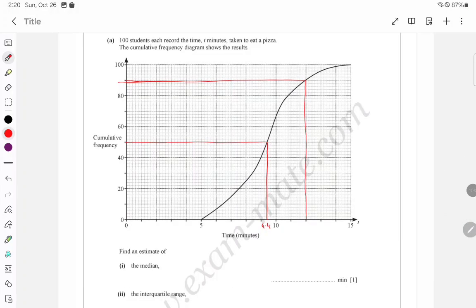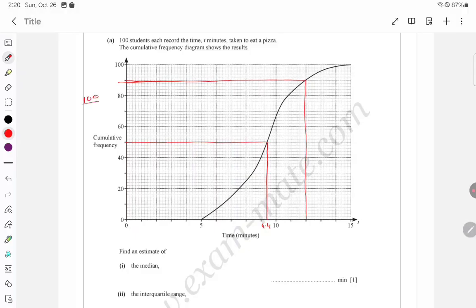To calculate the estimated median, we are given the cumulative frequency. Take the center point of it, which will be our 50.